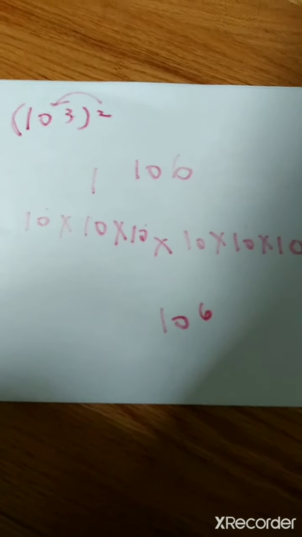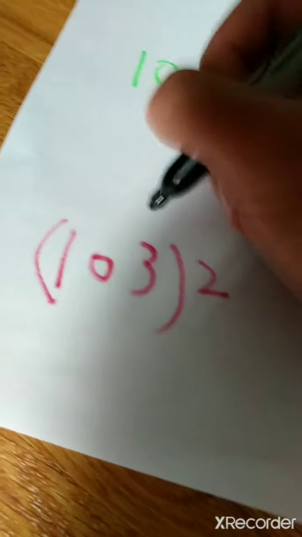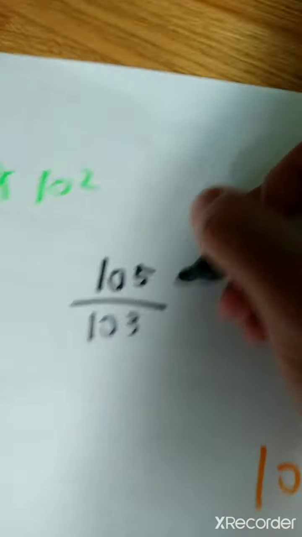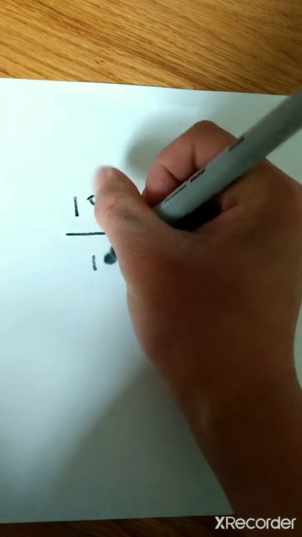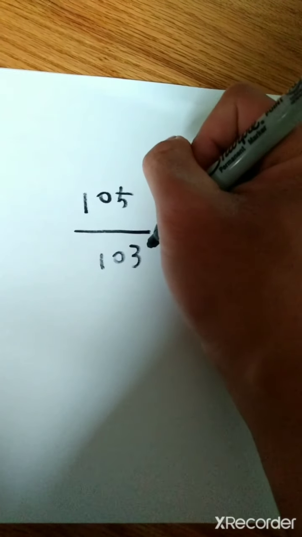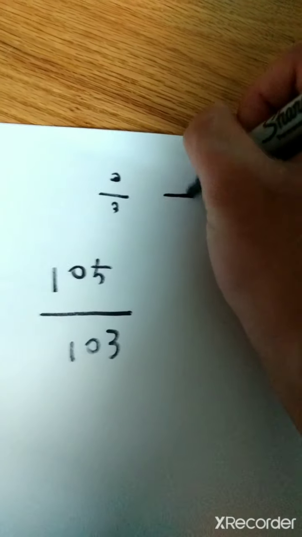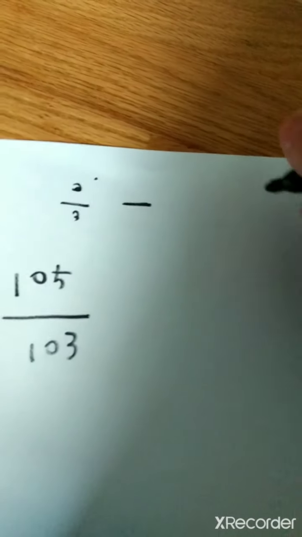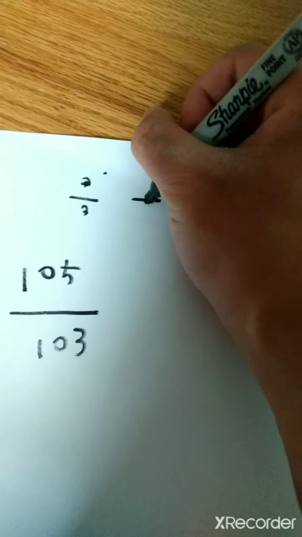Our next thing that we're going to be reviewing is, since we understand what this is, we're going to also divide exponents. Our example was 10 to the power of 5 divided by 10 to the power of 3. While dividing exponents, division and subtraction are going to be friends, because this one puts things in groups and this one takes away.